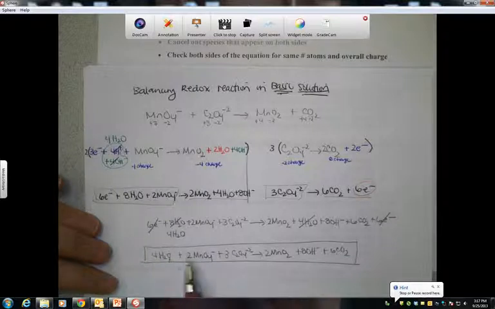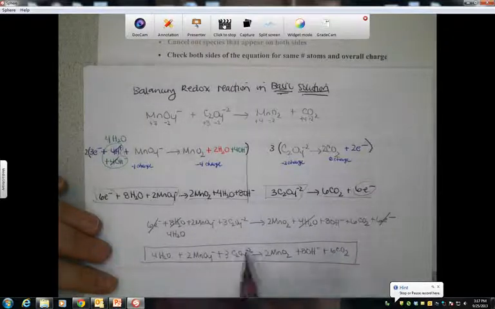So 4 plus 8 is 12, plus another 12, 24 oxygens. Here you have 2 times 2, that's 4 oxygens, plus 8 is 12, plus another 12 is 24 oxygens. 2 manganese, 6 carbons, 6 carbons.